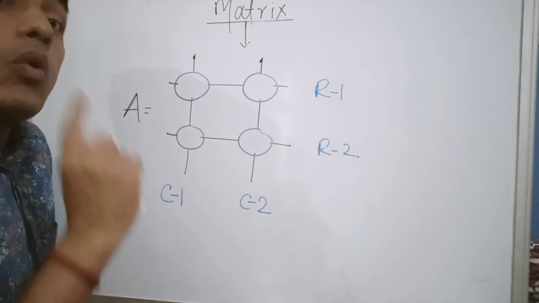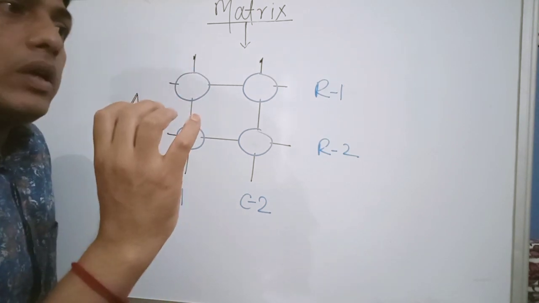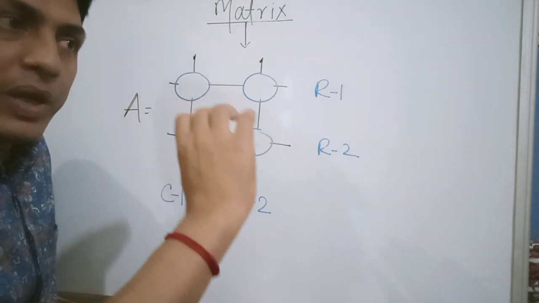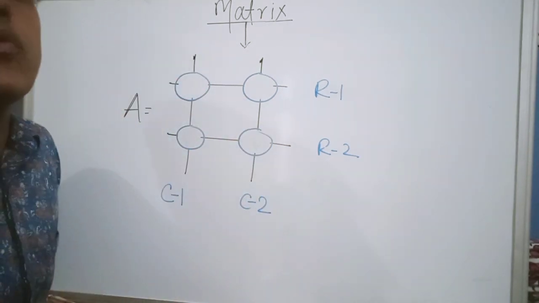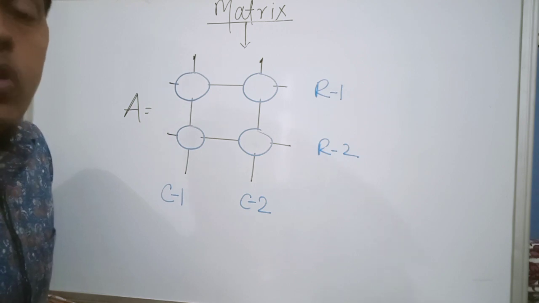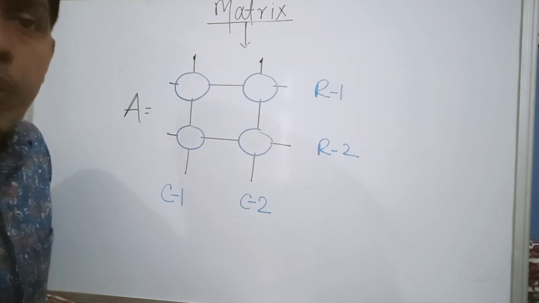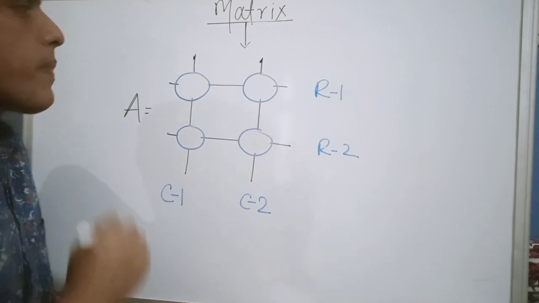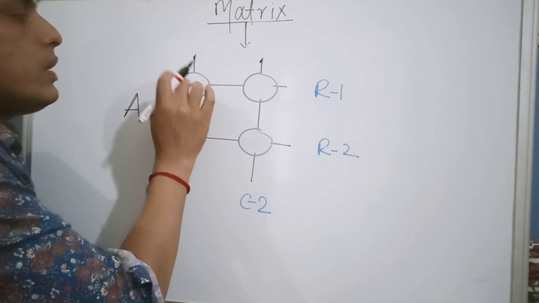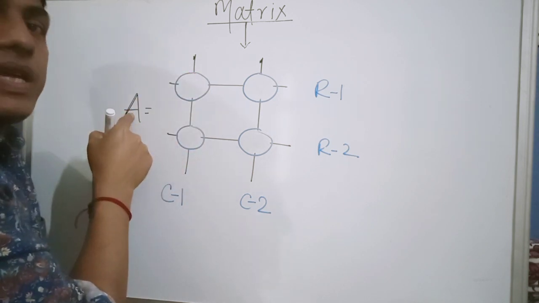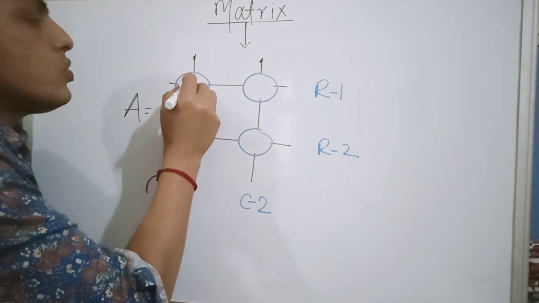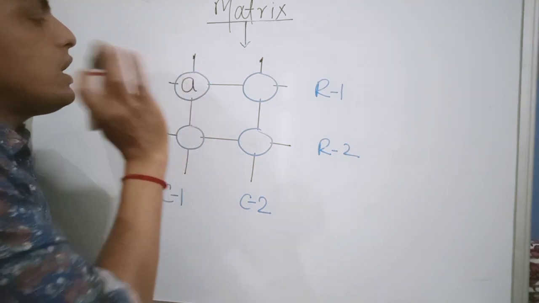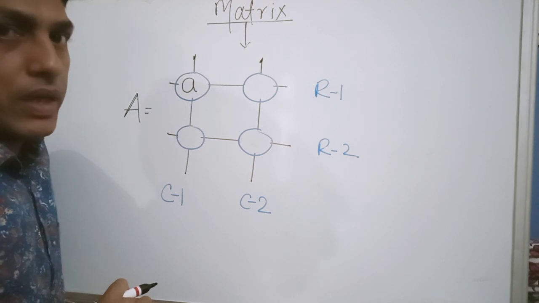See, what is the pattern of deciding the symbol of every place where we need the element. Now, while writing the order, we follow the pattern of number of rows by number of columns. The row will be first, column will be second. Matrix is A. So the symbol of the element I am taking as a.